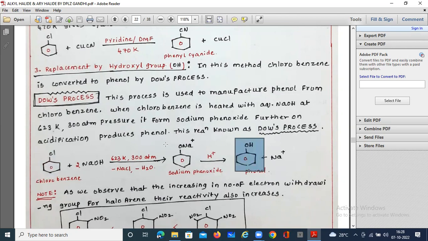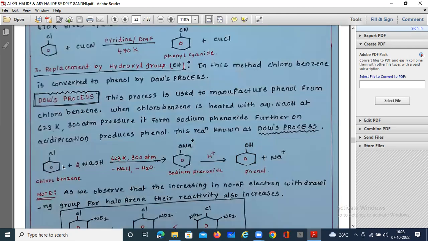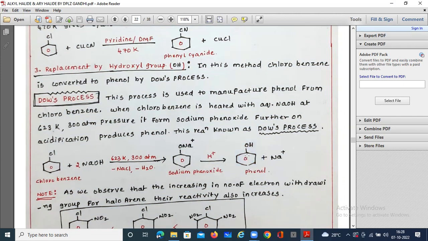Sometimes these conversions can also be given in mains and from the NEET point of view, but not such very silly ones, though we can't say for sure. According to the NCERT mode, we can't justify that. So how is chlorobenzene, the haloarene here, converted?